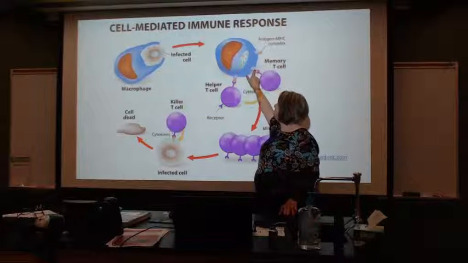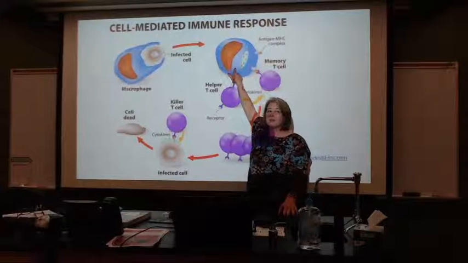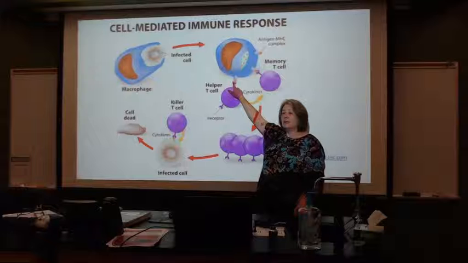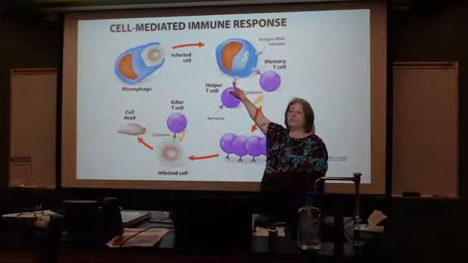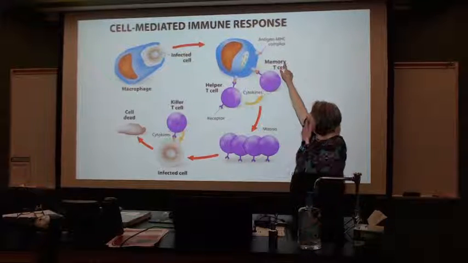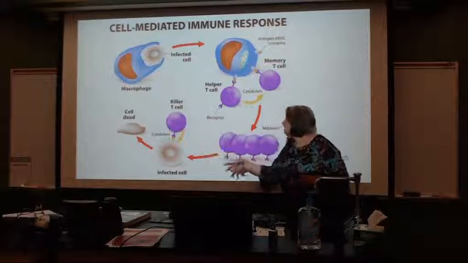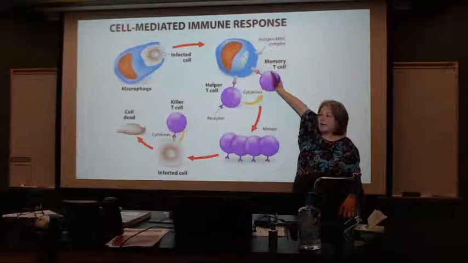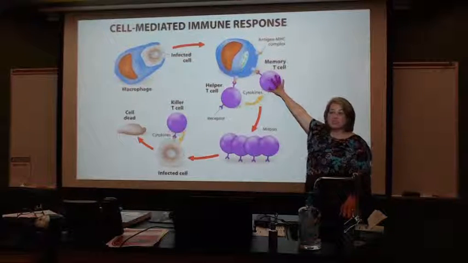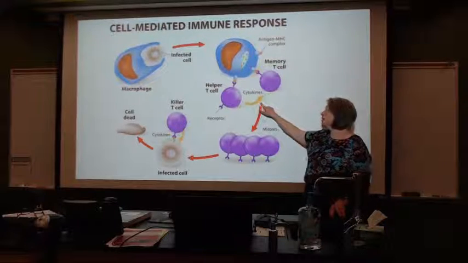Because it's presenting a piece of the foreign cell. Helper cells, if they have been formed or if they're ready, if they have the receptor, will recognize that, and in the process of going through fighting that response, we have to create a memory cell. So that memory cell will get created, just a few, not a lot. The rest of them will go through their processes.